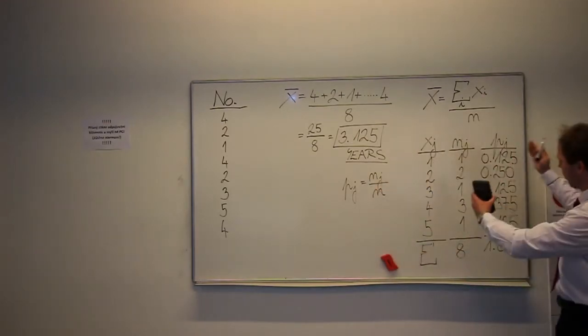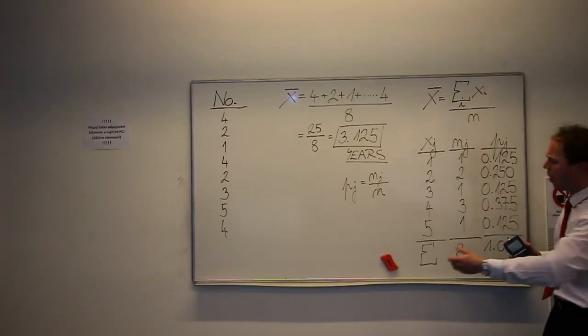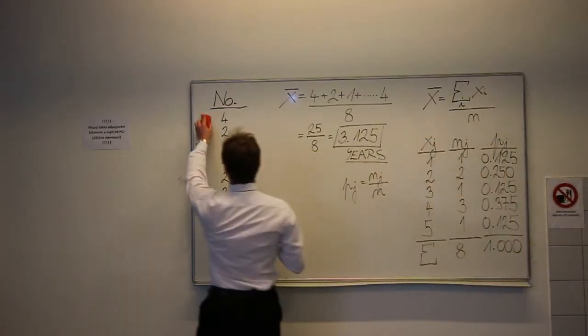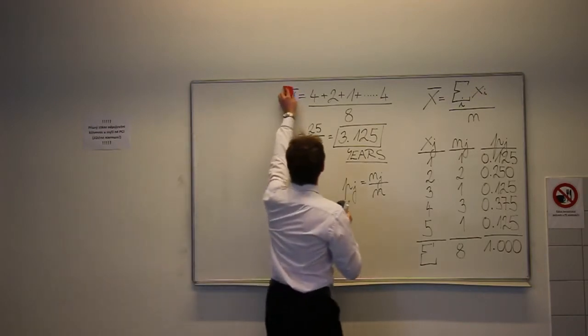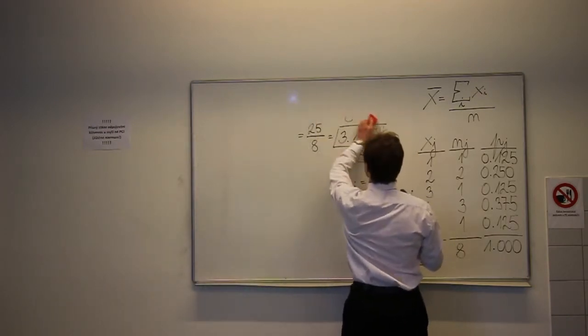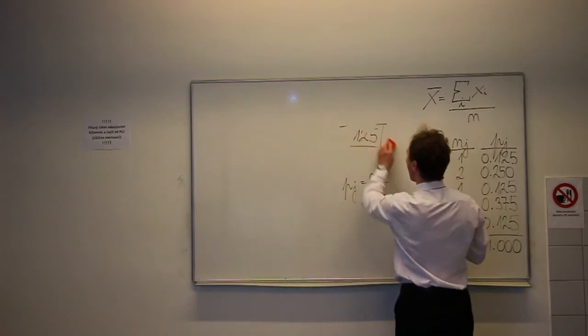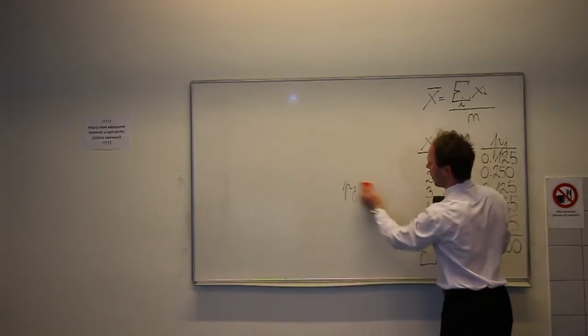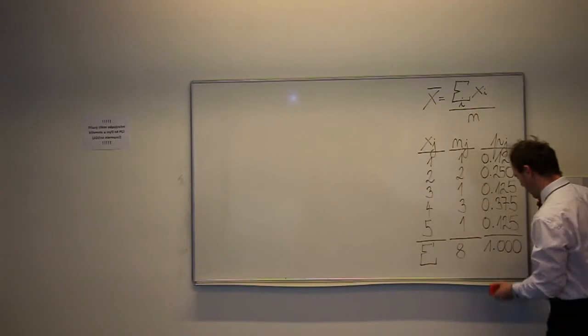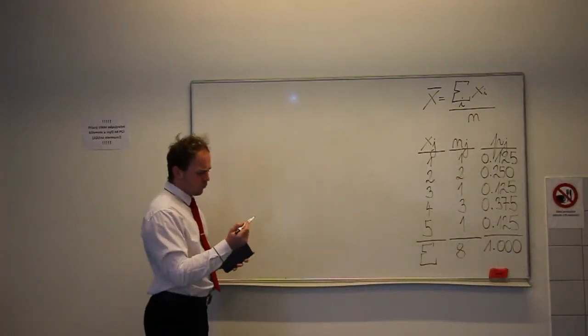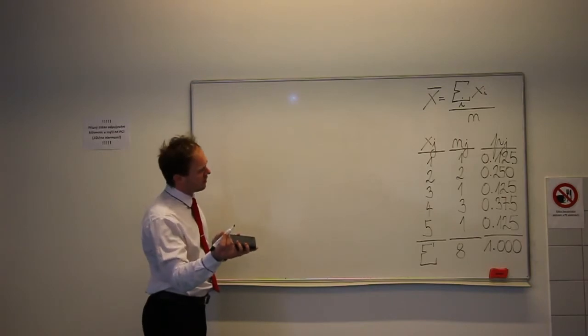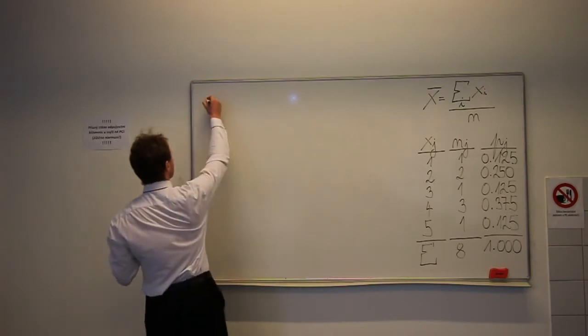Okay, so we calculated these frequencies, and now I will delete this variable and the steps for the calculation of the simple arithmetic mean, and I will rewrite on the whiteboard the formula for the calculation of the weighted arithmetic mean.